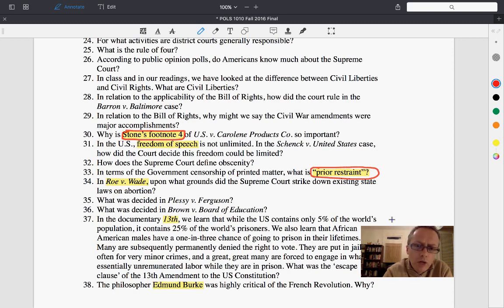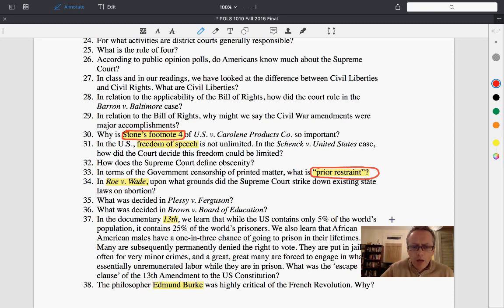You do see in the reasoning of the various justices involved in Roe versus Wade a concern about needing to balance these rights. And so Roe versus Wade is the decision where the Supreme Court at the federal level struck down existing state laws on abortion on the strength of the types of cases we've just been talking about, Carolene Products, etc., where the federal government is deemed to have this power to guarantee the rights expressed in the Bill of Rights.